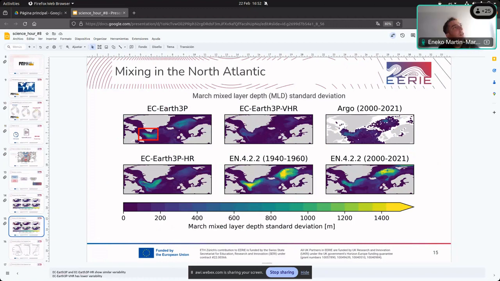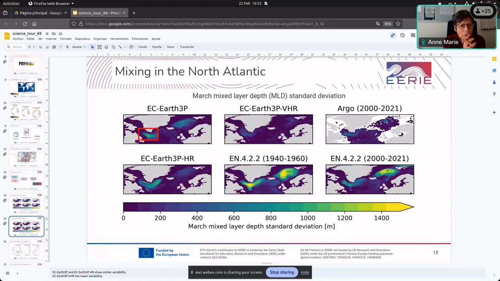Yeah. The mixed layer is about the same in the 1 degree and the 1/12 of degree models. That was the previous slide. And then if the mixed layer itself is the same, what does this mean? That the standard deviation is lower when you are at high resolution? I find it difficult understanding that.